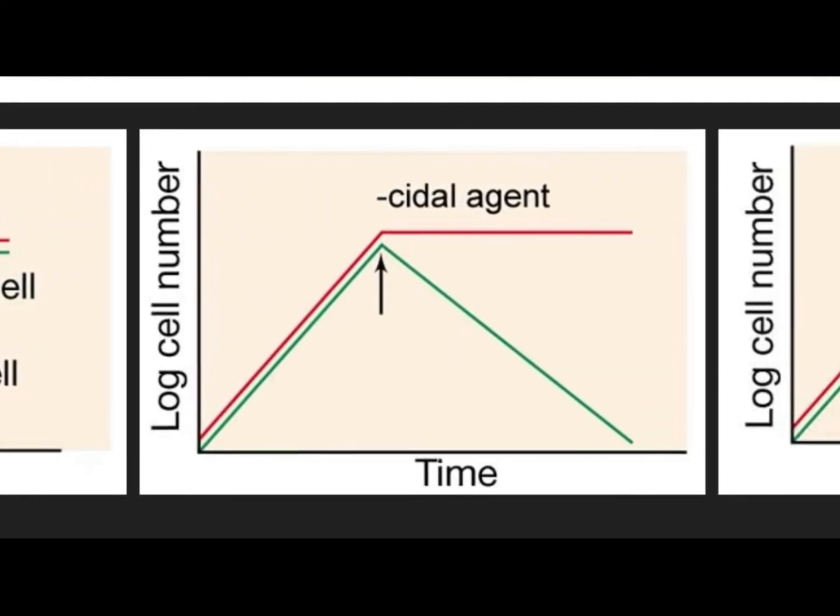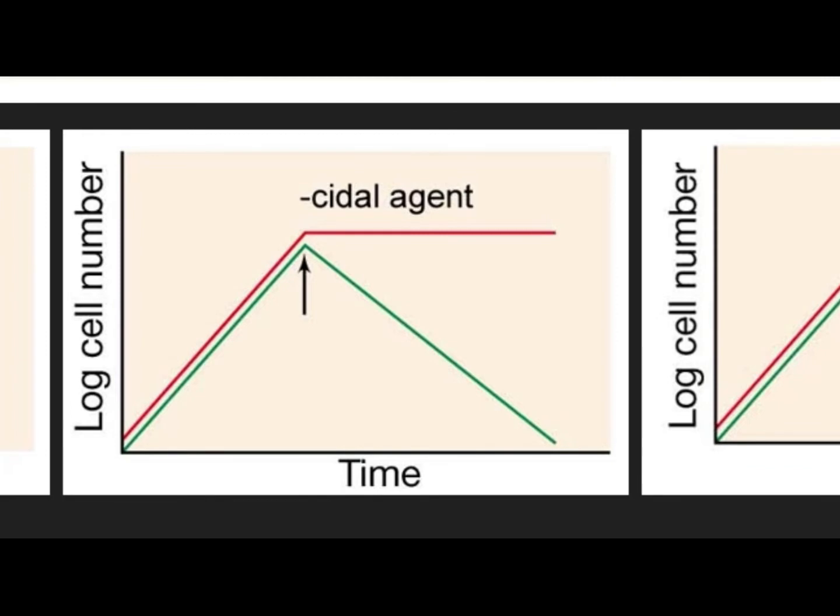If we move over to the middle graph, we have kind of a different situation here where we look at the total cell count. It's increasing over time with the addition of the microbicidal agent. There is a slope of 0.